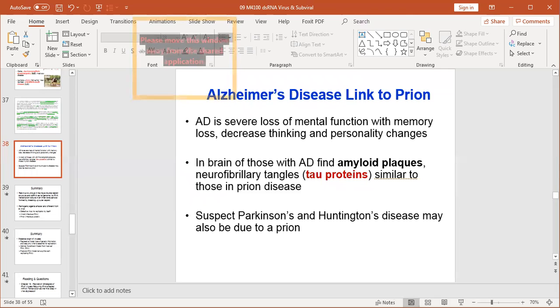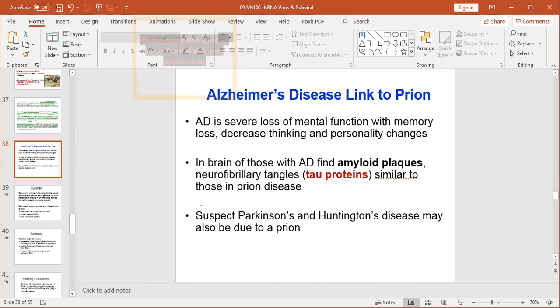Alzheimer's disease, as we know, is a severe disease characterized by loss of mental function and loss of memory. It decreases the thinking process, and it is also associated with some personality changes, mainly due to disruption of mental function and thinking process.